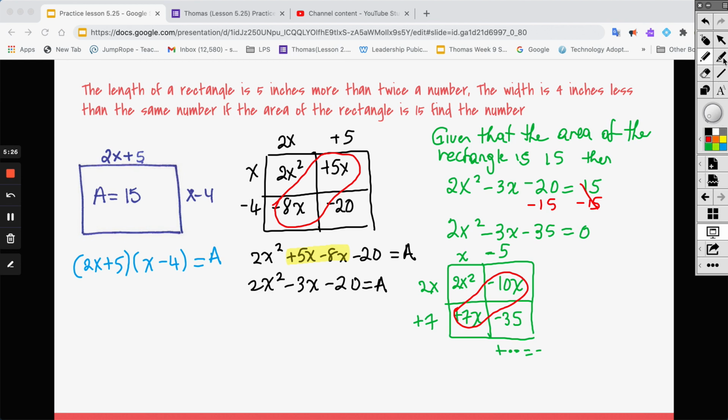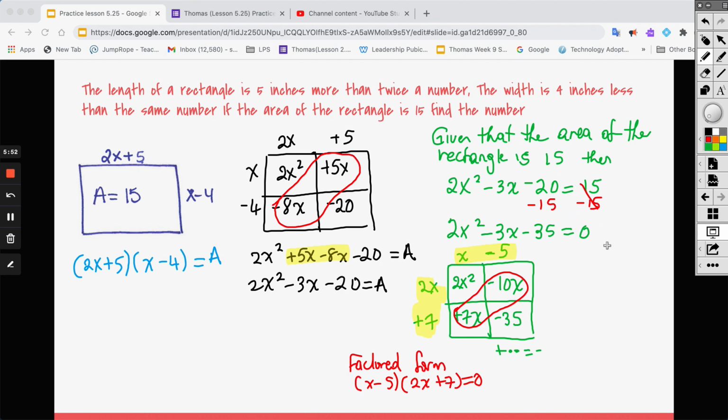And so the factors of this new equation are x minus 5 and 2x plus 7. So we're going to write the factored form. It's going to be x minus 5 times 2x plus 7 is equal to 0.